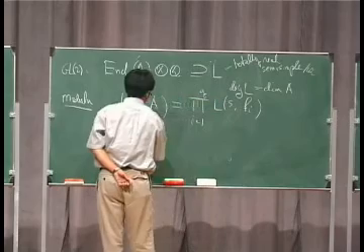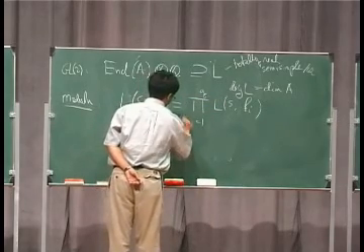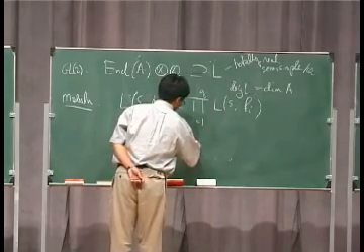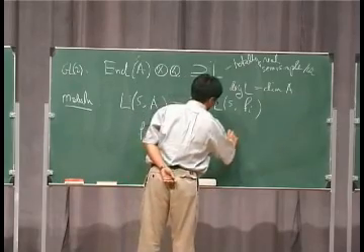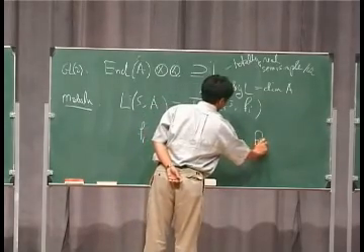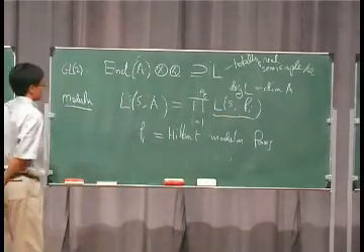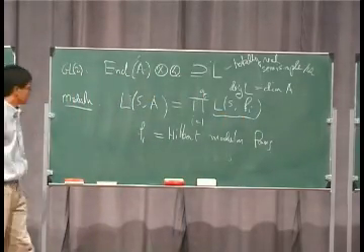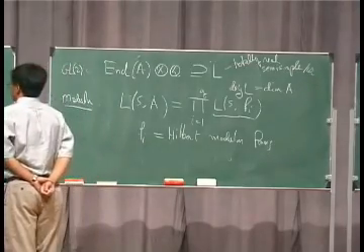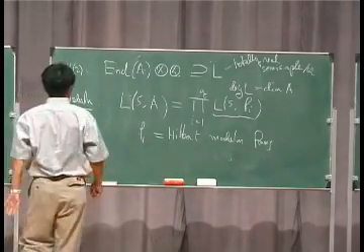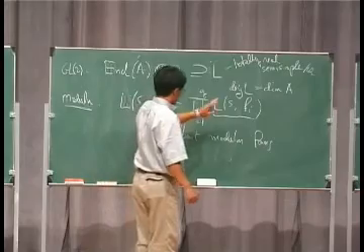So this f_i is a Hilbert modular form. In other words, each piece is associated to a representation of GL2. I will spend a lot of time to explain what exactly the Hilbert modular form means.